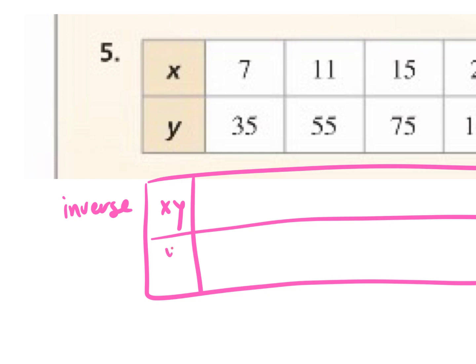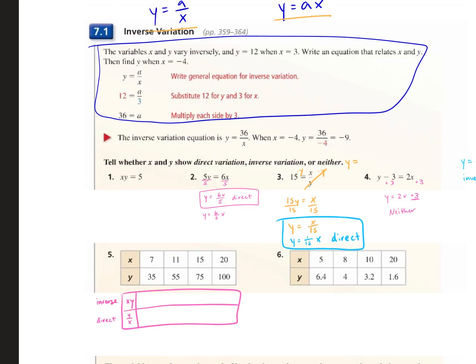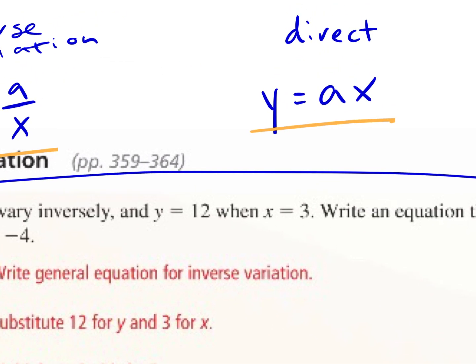If it is y over x, that would be direct. It has to be y over x. Y has to be on top. So we get those two by just taking our formulas and solving for a. So here, if I were to get a all by itself, I divide x on both sides. So a is equal to y over x. That's why y over x means that it's direct.